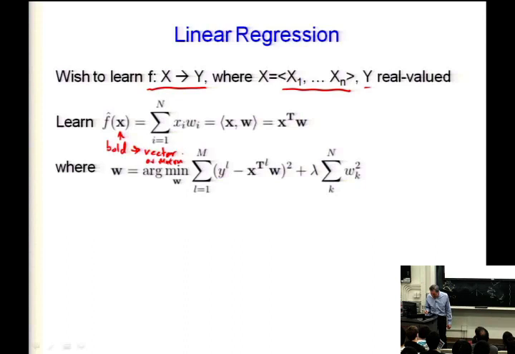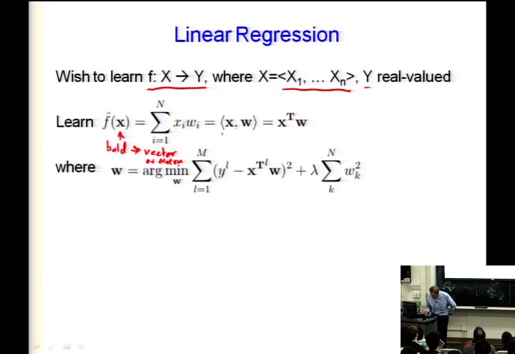In fact, uppercase means matrices, lowercase means vectors. So the function I'm trying to learn is a function of this vector x1 through xn. It's just the linear sum of the weighted feature values, which we've talked about before.